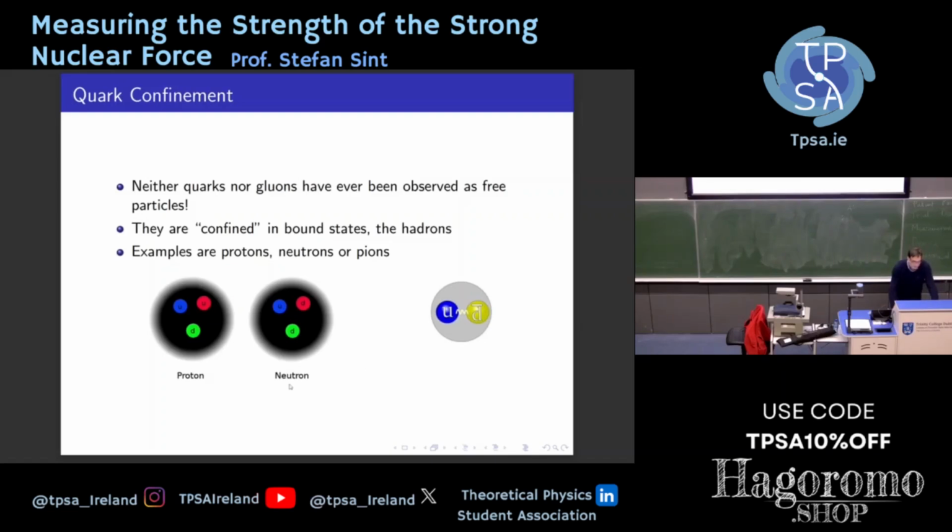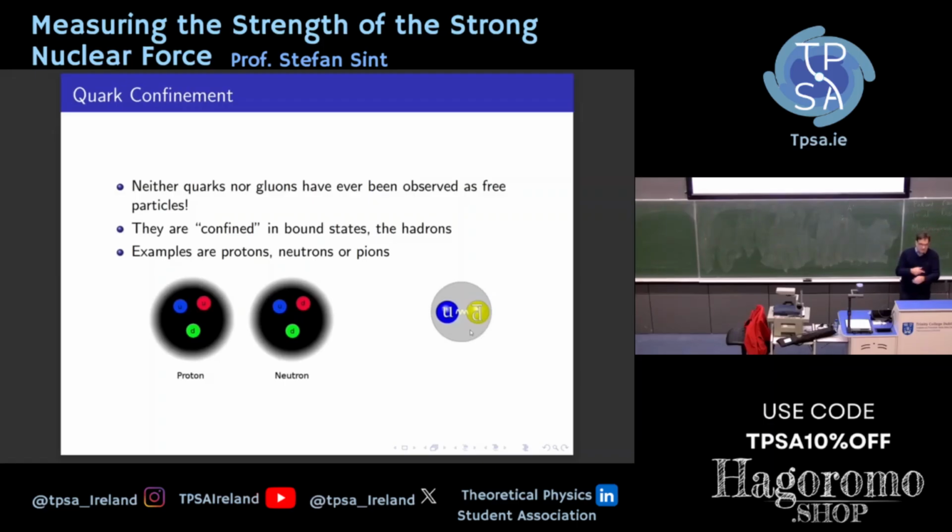Protons and neutrons are what's known as baryons, which are 3 quarks bound together. So 2 up and a down quark make a proton, and 2 down quarks and 1 up quark make a neutron. And then you have mesonic states like a pion, where you have an up and an anti-d quark.